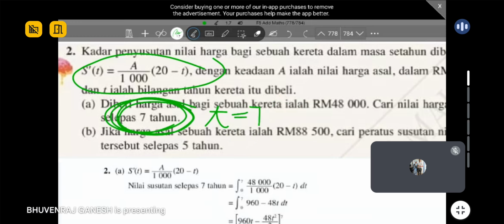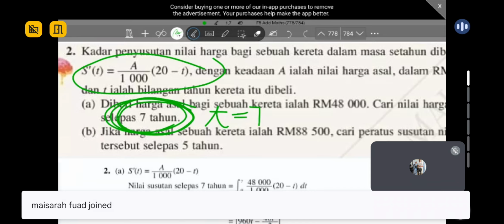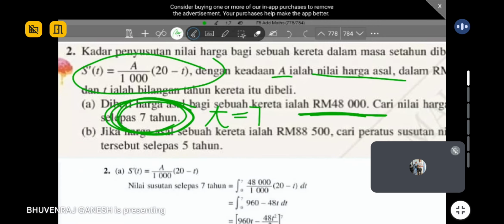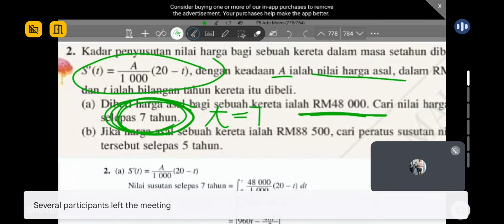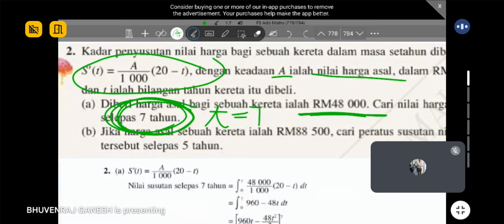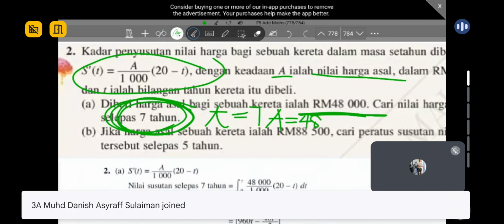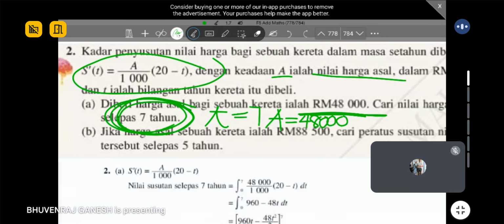So T equal to 7. First information. Second, harga asal. Based on the question, original price or harga asal adalah A. So A is equal to 48,000. This is your second information. A equal to 48,000.